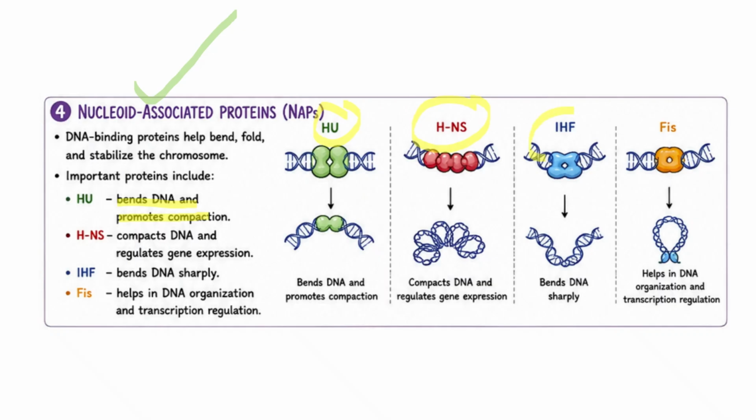IHF bends DNA sharply, and FIS helps in DNA organization and transcription regulation. They bend DNA, stabilize the loops, and maintain chromosome organization. You can think of these as clips which keep the folded DNA in place. Without them, the chromosome will lose its compact organization.